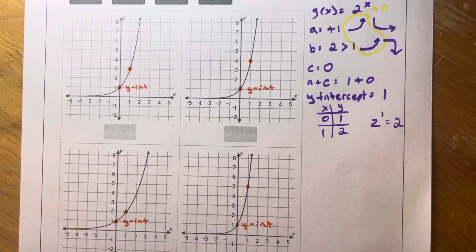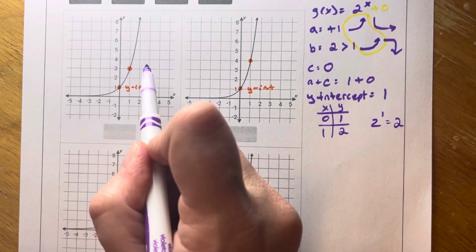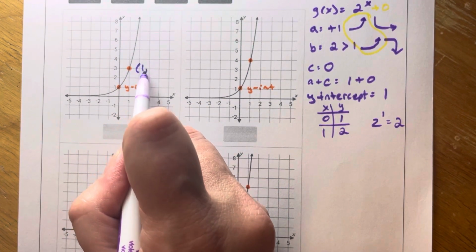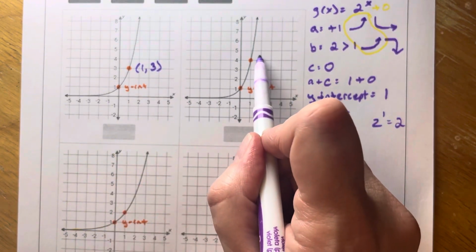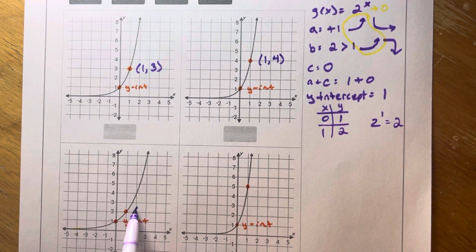So here's where things get to be narrowed down nicely. This coordinate point is currently living at an address of 1, 3. Here we have a coordinate point at 1, 4. Here's a coordinate point at 1, 2. And finally, a coordinate point at 1, 5.